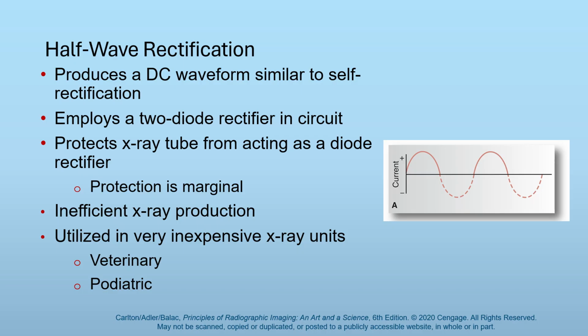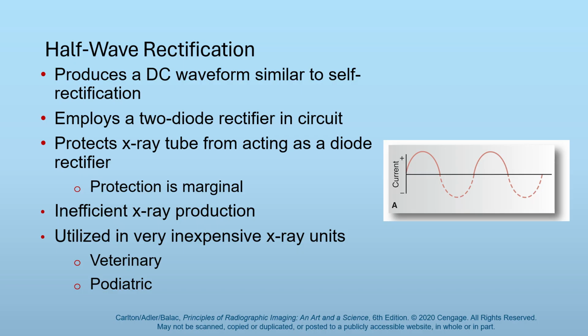This is inefficient because you're only using half the electricity effectively, and you're producing a pulsed X-ray beam. Now, you will see this is a much cheaper build, though. And so some veterinary X-ray units still use half-wave rectifiers because it's a cheaper X-ray machine. Okay.